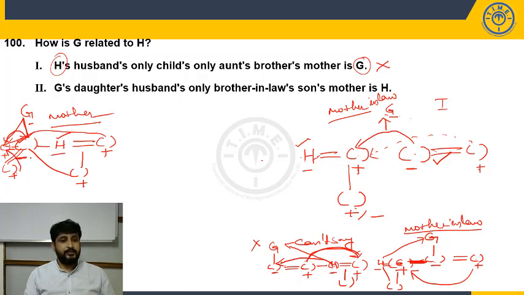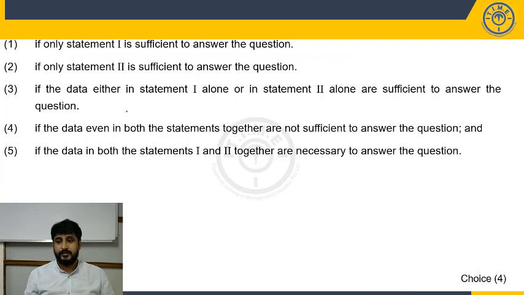Sons of only brother-in-laws, either this people's son or this people's son, mother is H. Okay. So in this case also the answer is mother. So still mother-in-law, mother, both are possible. By combining the statement 2 with the 1, still we have the answers mother-in-law as well as mother. So choice 4. Both 1 and 2 together are also not sufficient.